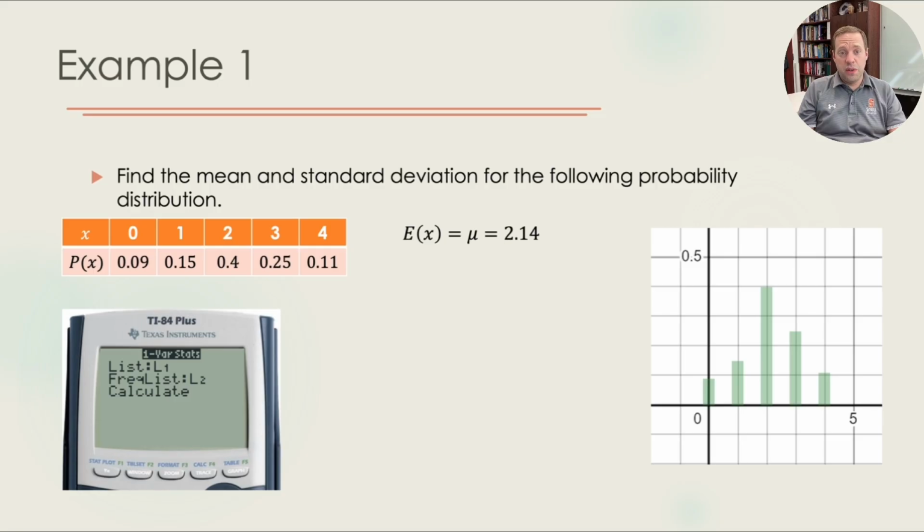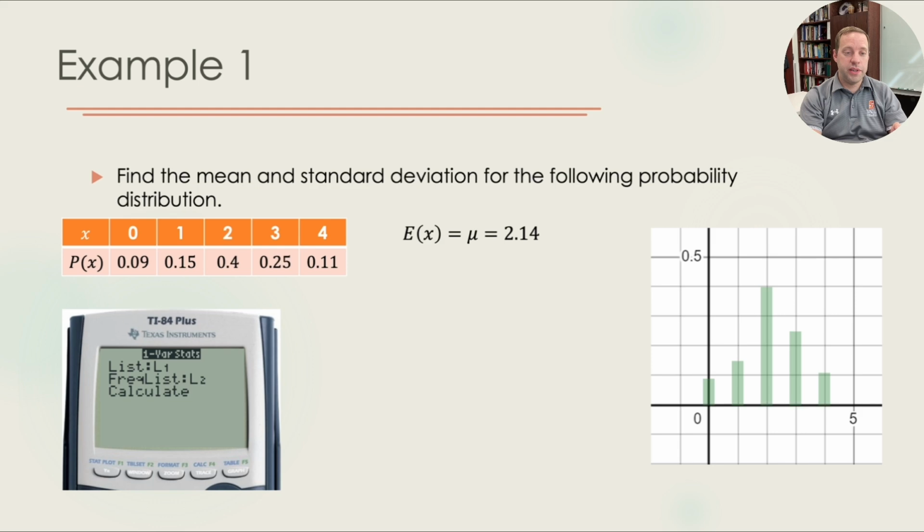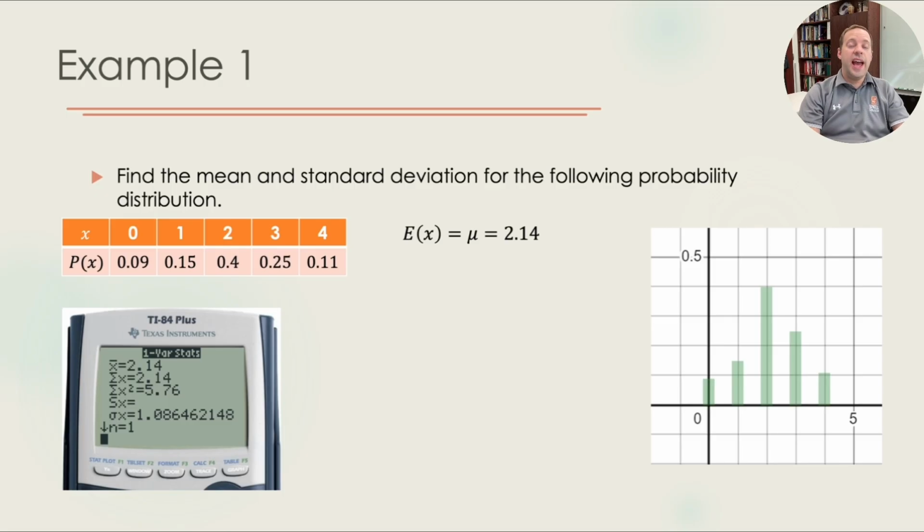Okay? So essentially what we're doing is we're telling the calculator that list 1 has my categories or my values, and list 2 has the probabilities for each category.